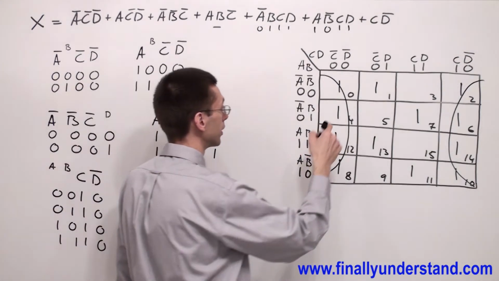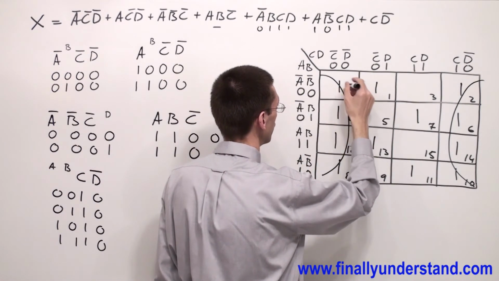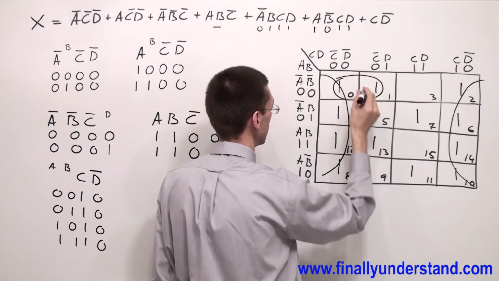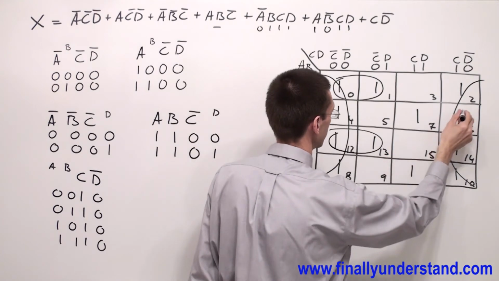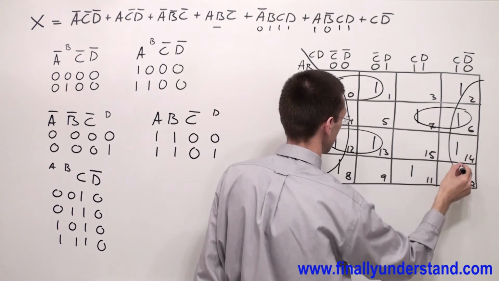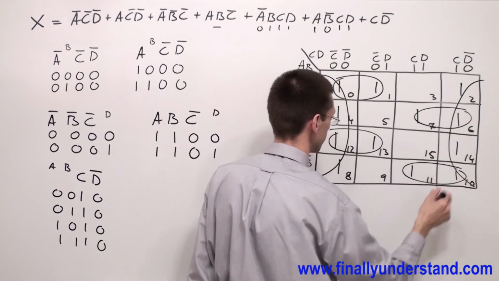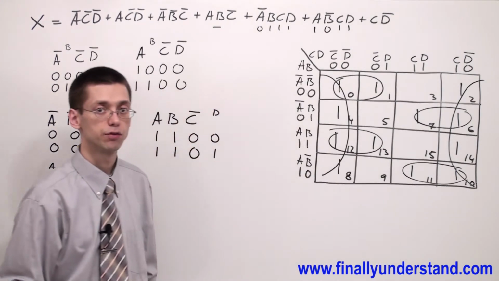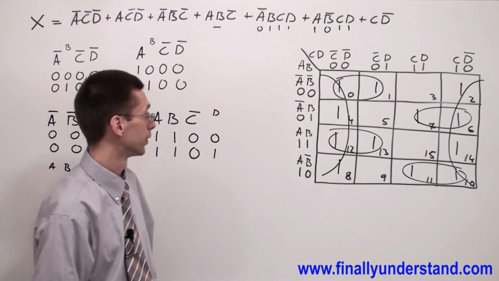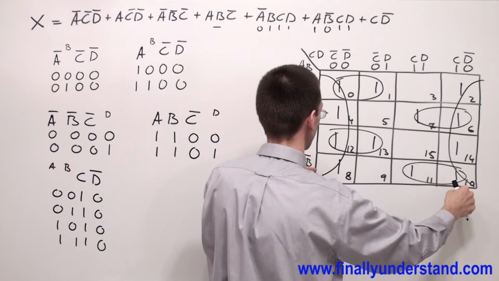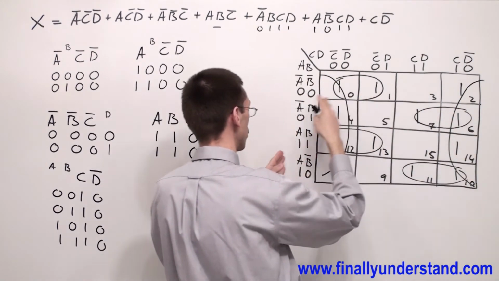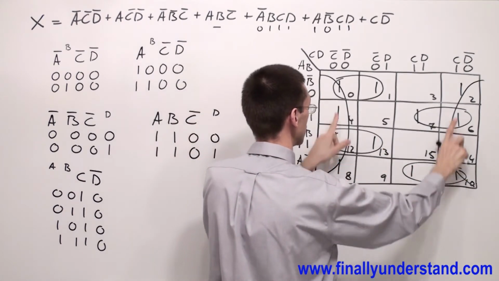Next, I have group of 2 over here. I have group of 2 over here. And I have group of 2 and group of 2. Let me start from the biggest group. This group is placed in 4 rows and 2 columns.